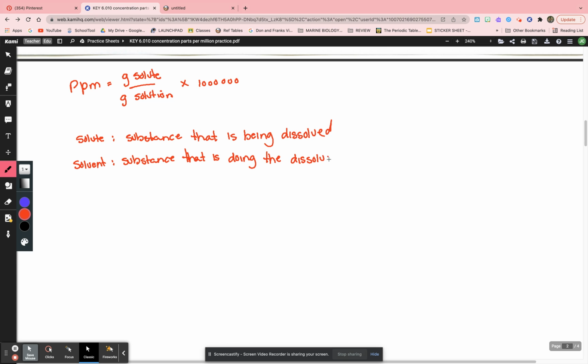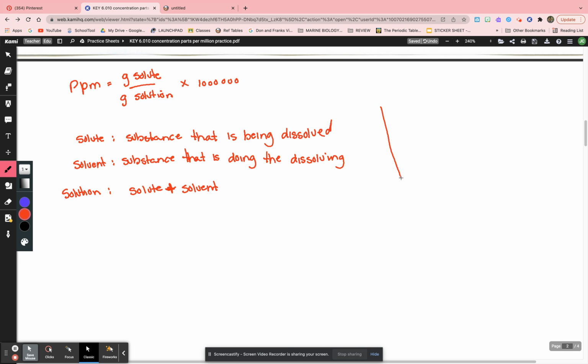A lot of times that solvent is water, okay? And the solution is equal to the solute and the solvent combined. Solute plus solvent.